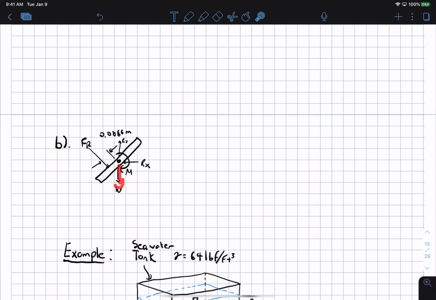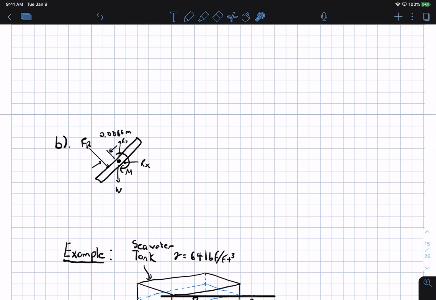We have some weight of the gate, a reaction force in the y direction, and because we want to open the gate, we need some moment to actually turn and open the gate. And the minimum moment that it's going to take to open the gate is a moment that is slightly greater than the moment produced by the pressure loading.